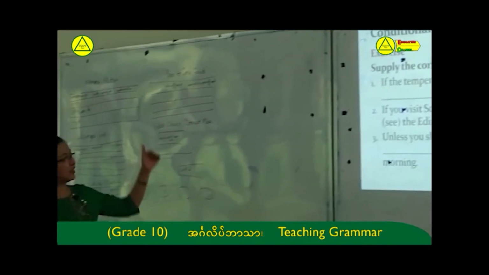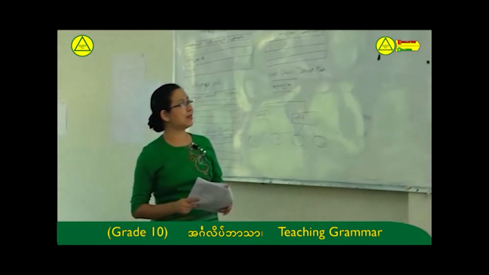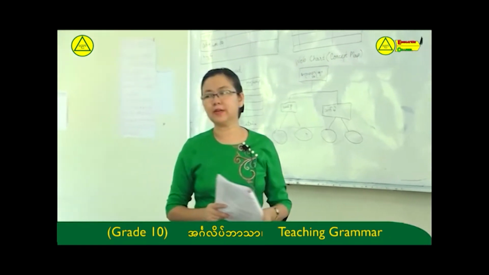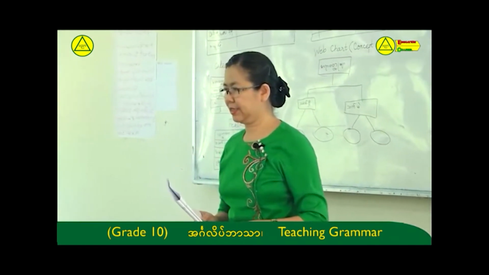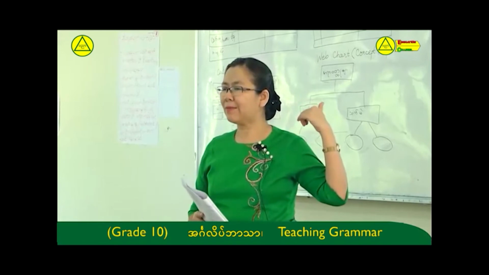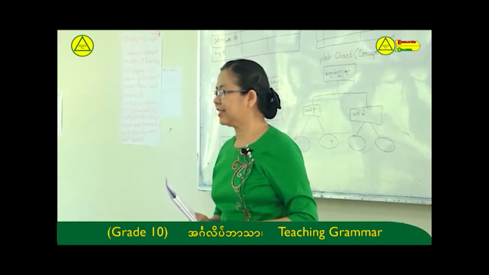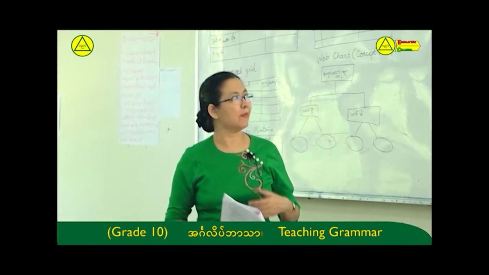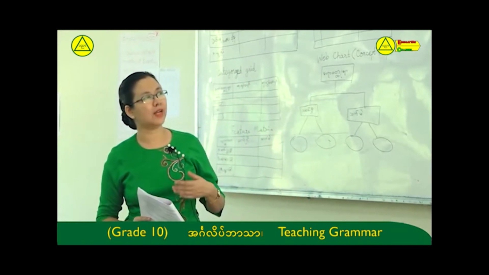Now in the first sentence, number 1: if the temperature falls below 0, water freezes. So which type of conditional sentence is it? Type 1, just a simple, real condition.